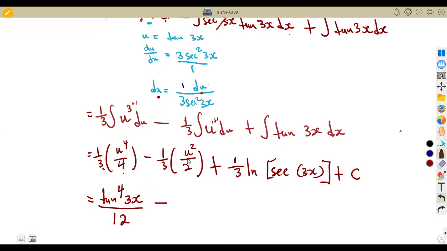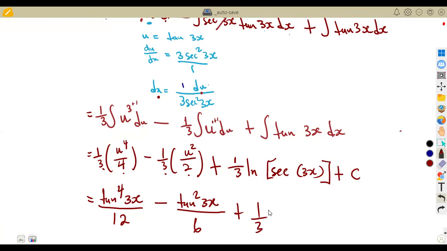Minus 1 times u squared, but remember u is a tan, so it's going to be tan squared 3x over the denominator 3 times 2, which is 6. Plus 1/3, this one you're just rewriting as it is.